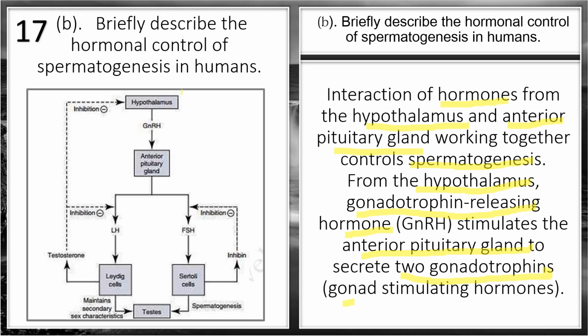So we have the hypothalamus. The hypothalamus will release the gonadotrophin-releasing hormone, which will interact with the anterior pituitary lobe and cause the secretion of the luteinizing hormone and the follicle stimulating hormone.